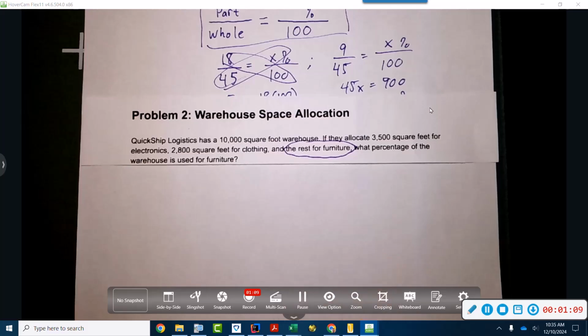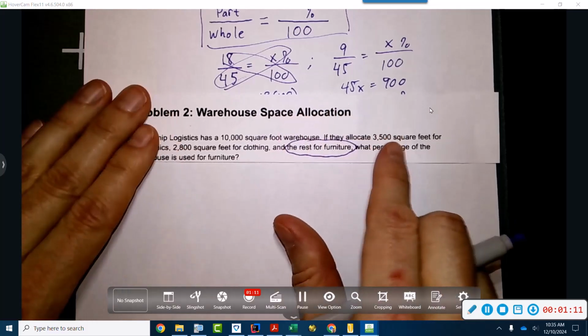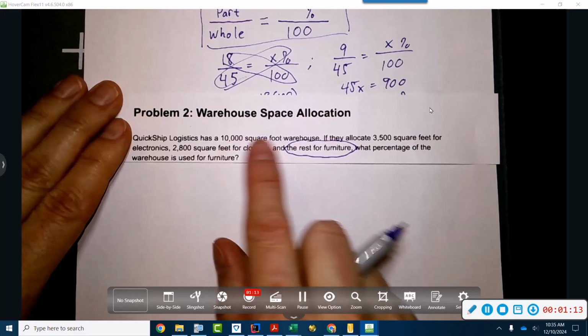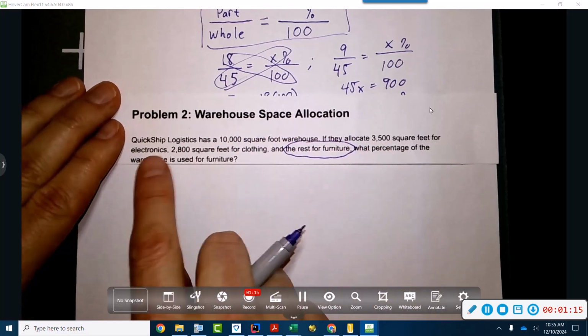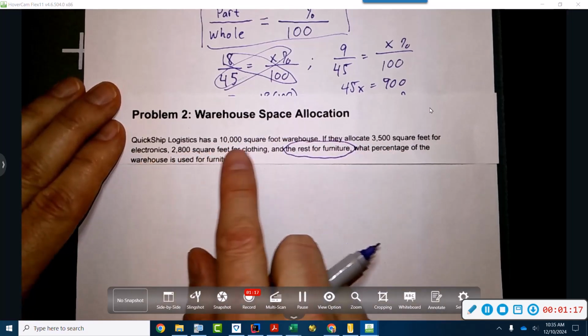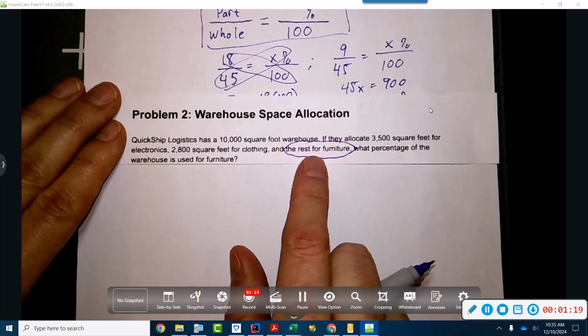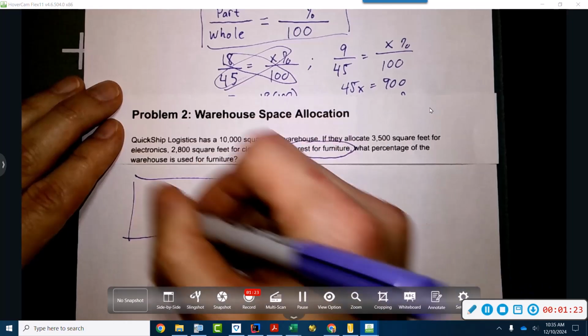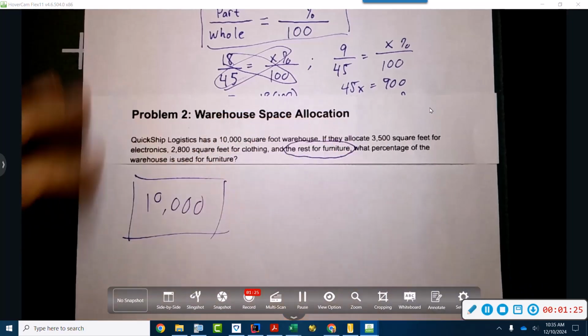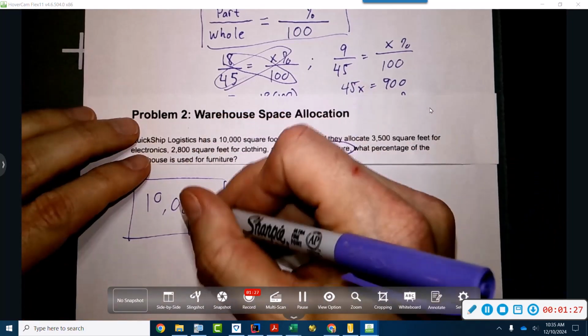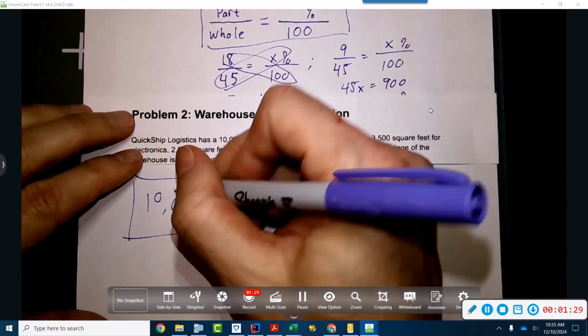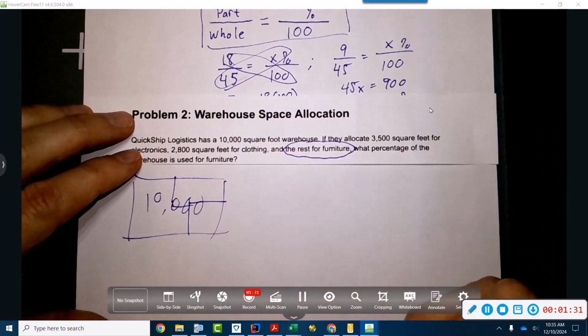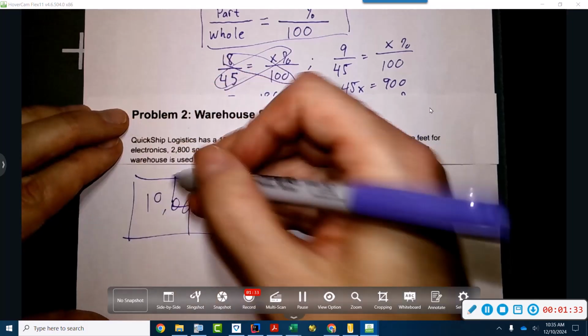They have 10,000 total, with 3,500 for electronics and 2,800 for clothing. That means it all has to add up to 10,000, so the rest has to be used for furniture.